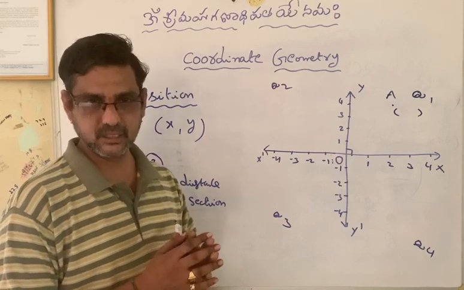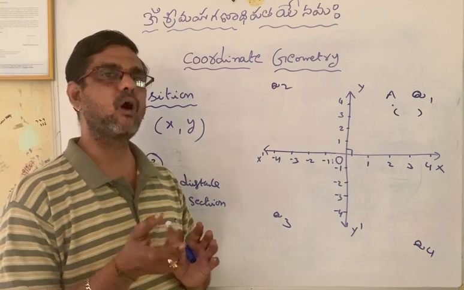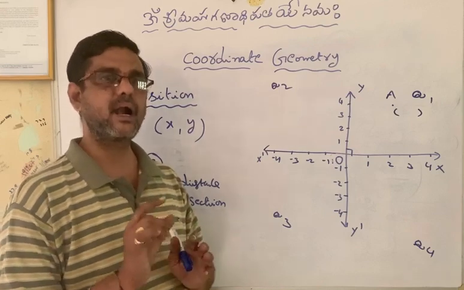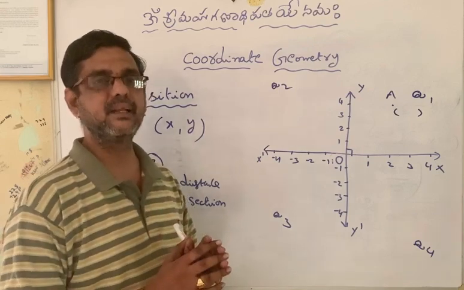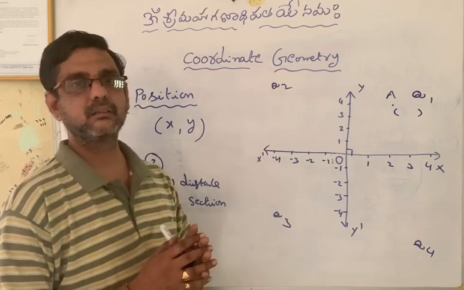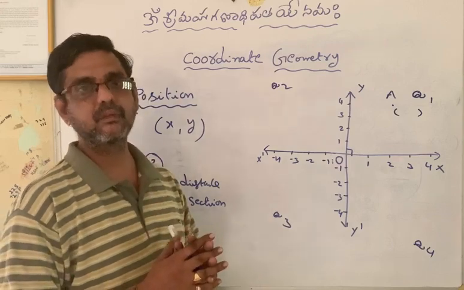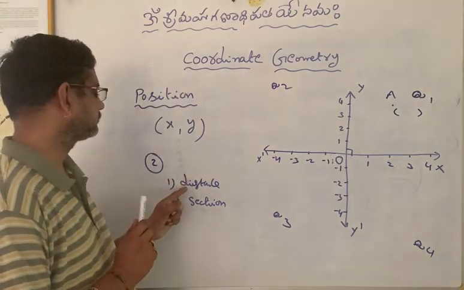When we know the positions, in other words I can call them coordinates, when we know the x and y coordinates of both the points, then how to find out the distance between them? That is the first concept.